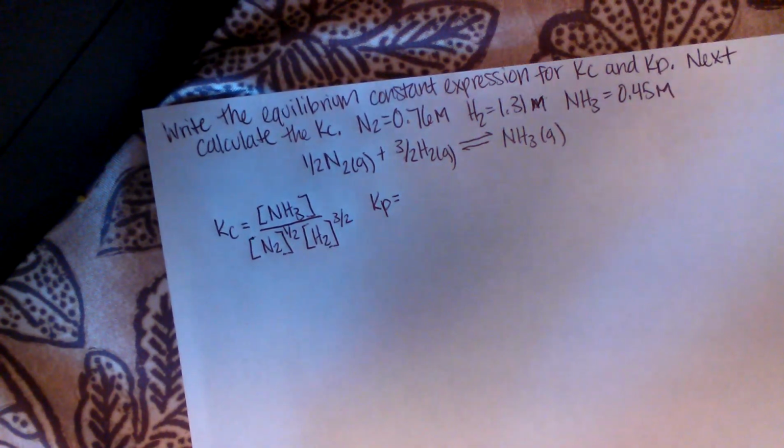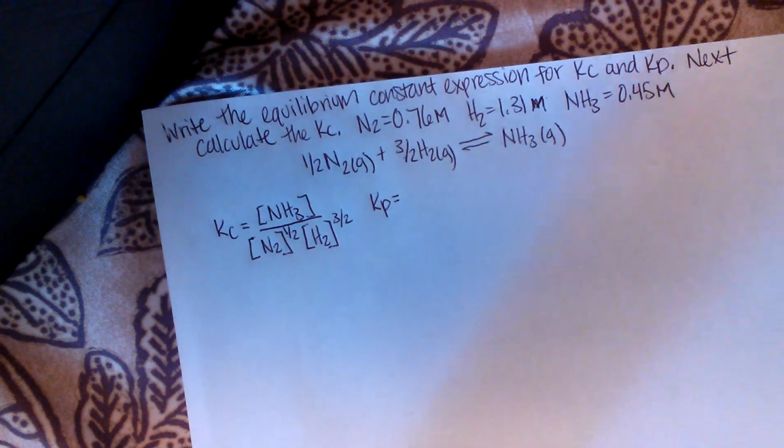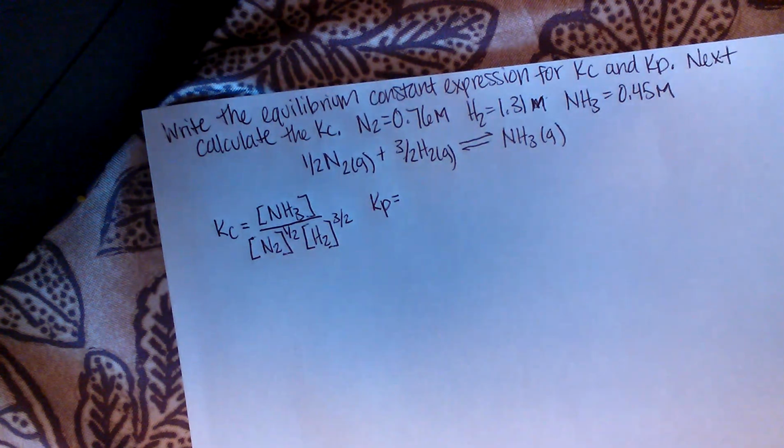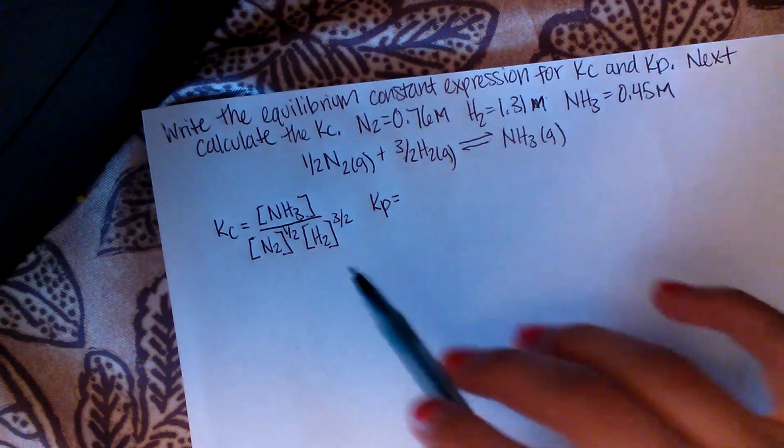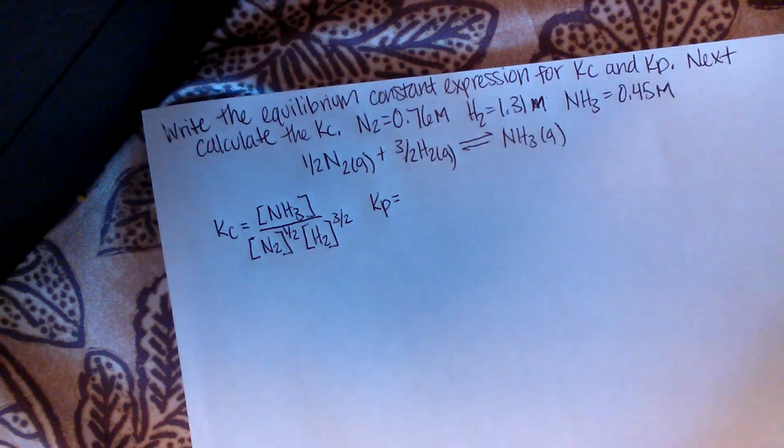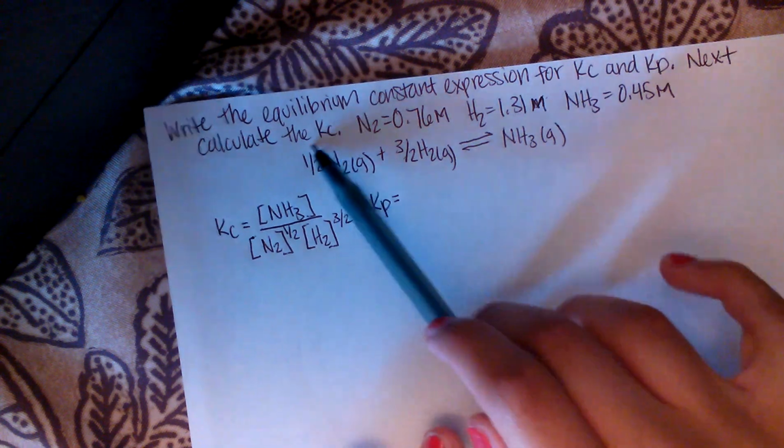So Kc and Kp are very similar. Again, you can only include gases or aqueous species within the problem. You cannot include liquids or solids. And again, you would raise it to the power of the coefficient.